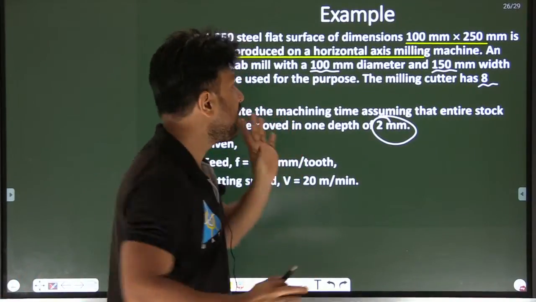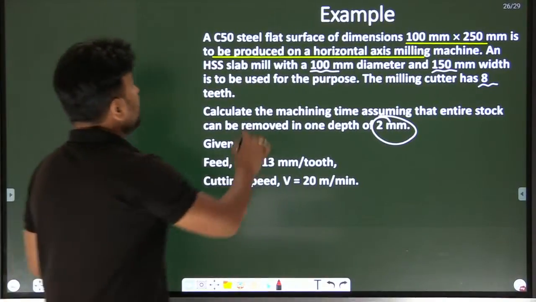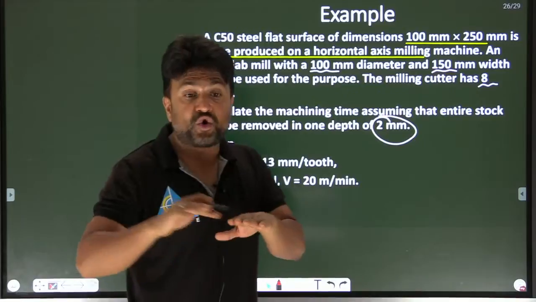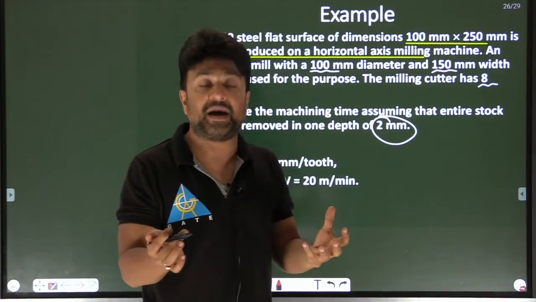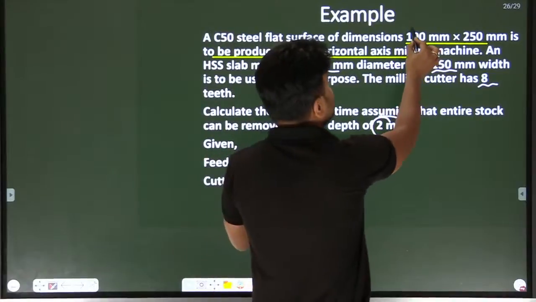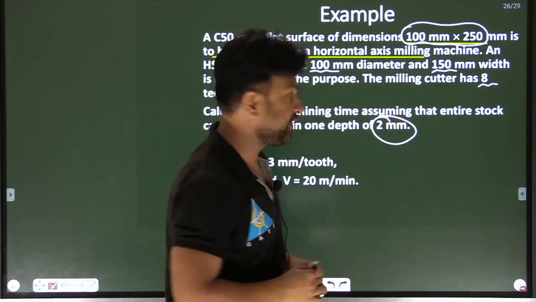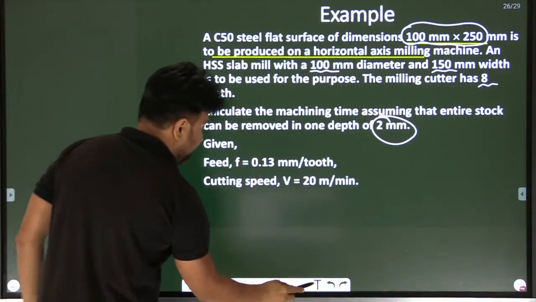Now the entire stock is removed in one cut. So how should the workpiece look? The surface on which the milling is going to happen has a cross section area of 100 by 250.